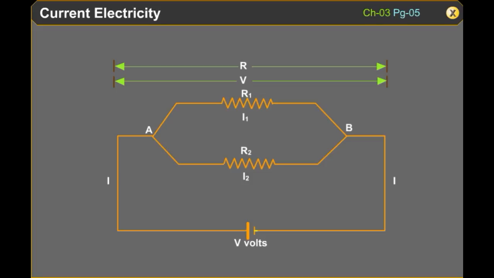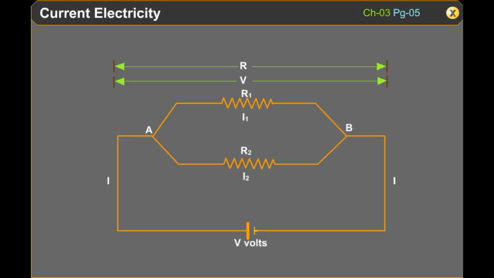The total current flowing in the circuit is I. Then the current passing through resistance R1 will be I1, and through R2 will be I2. It is obvious that total current I is equal to I1 plus I2.